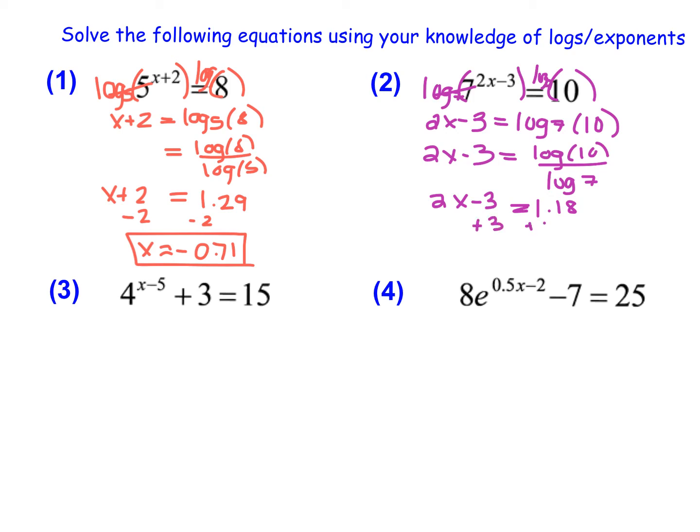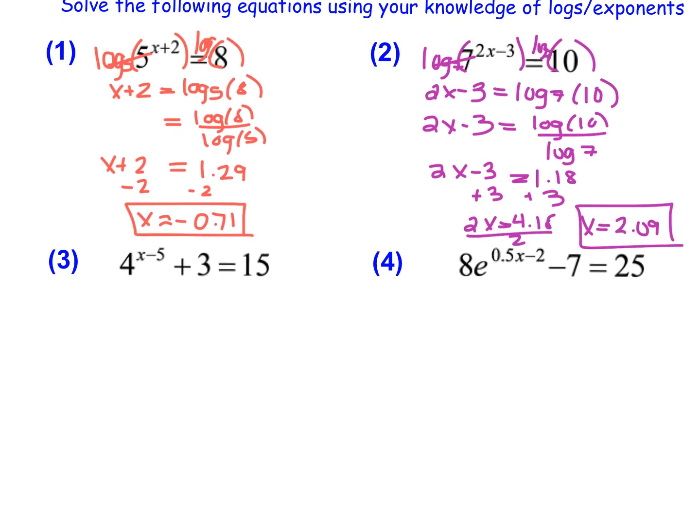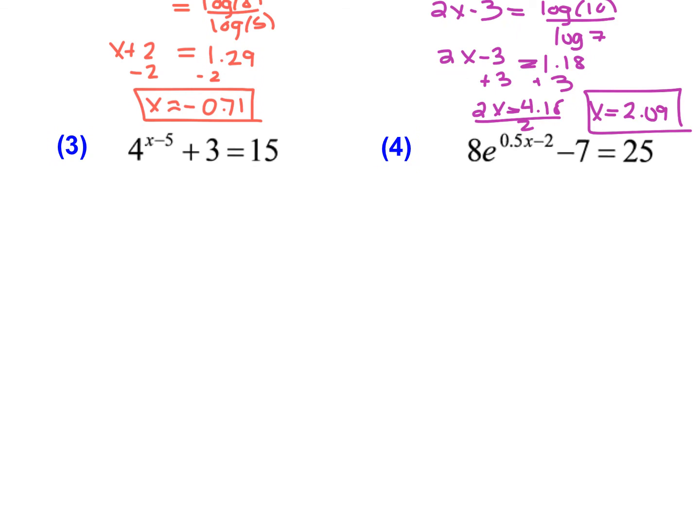So we add 3 to each side. So we end up with 2x is equal to 4.18. Divide that by 2. We end up with an x value equal to about 2.09.